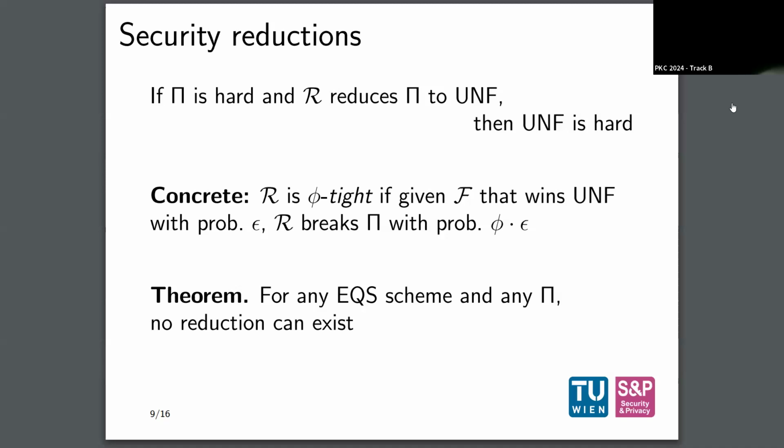And how did we show this? We showed this by giving a meta-reduction. That is, we assume there exists a reduction that reduces the unforgeability notion to some problem. Then this meta-reduction can use that reduction to either also solve the problem, which is a common way meta-reductions are used, or solve a different one.